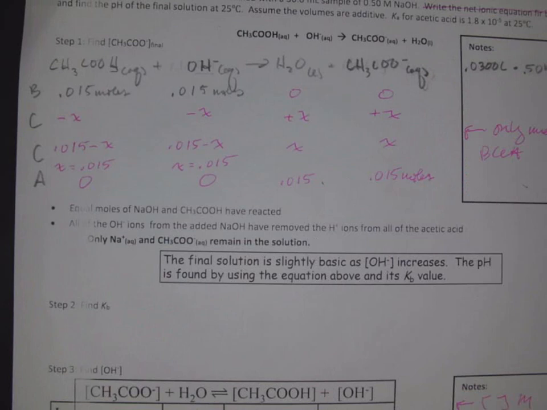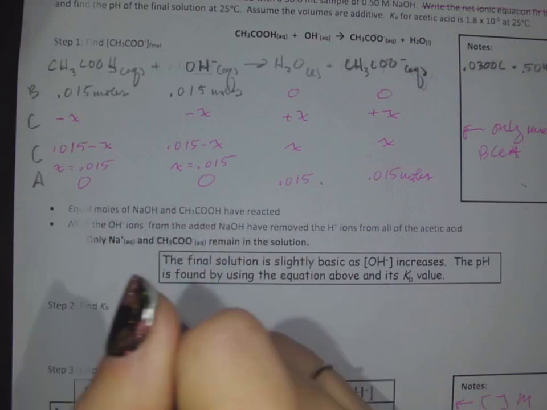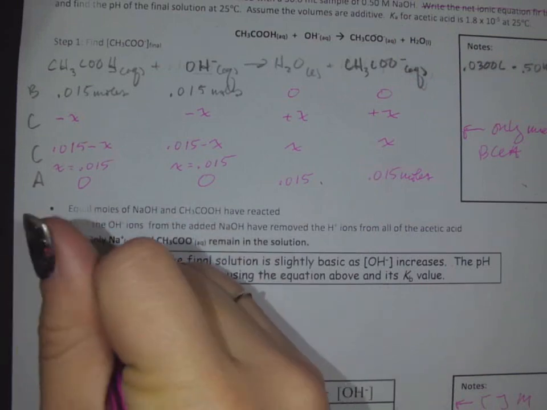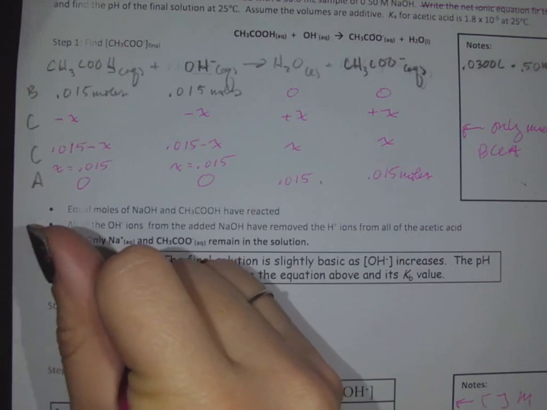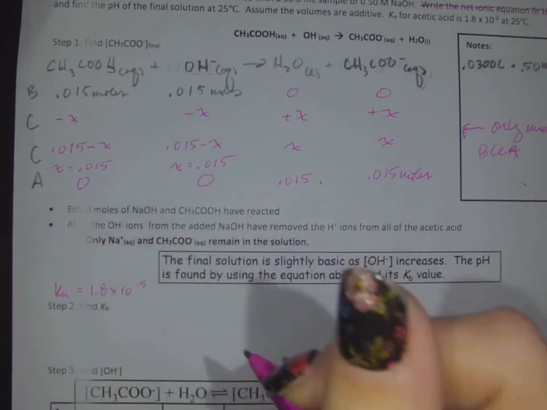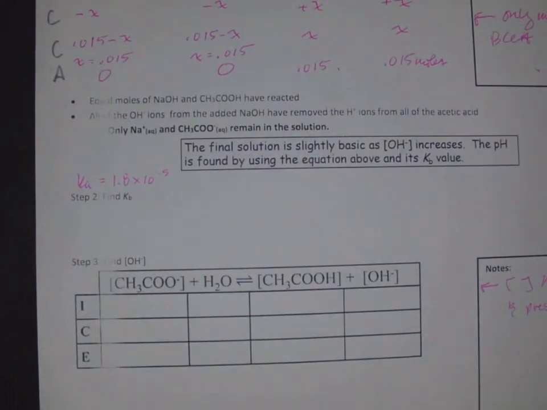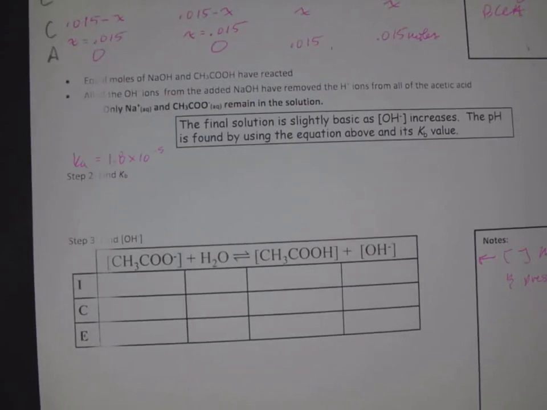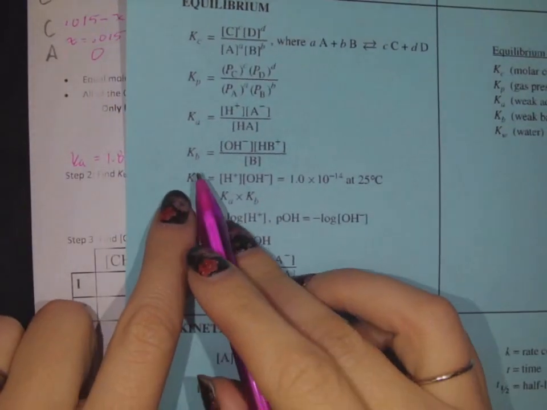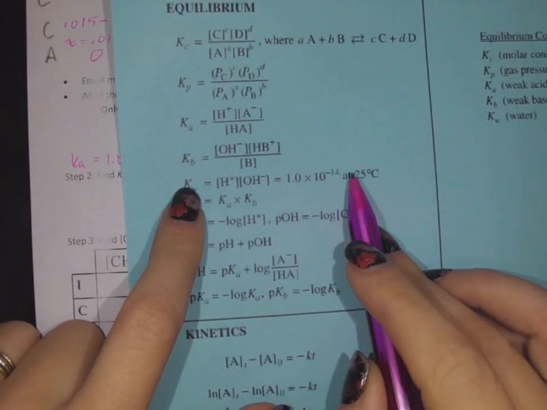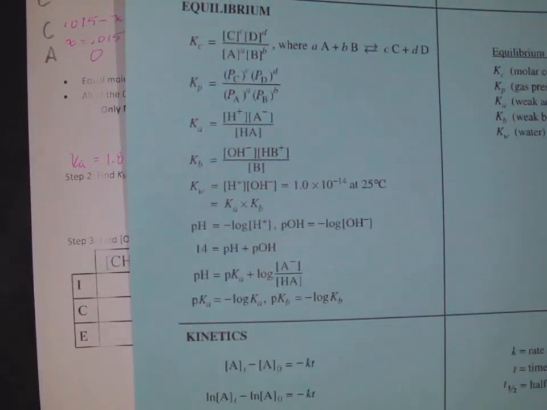So up above, it tells us what Ka is, right here. Ka is equal to 1.8 times 10 to the negative fifth, and we're solving for Kb. And if you look at your reference paper, under the equilibrium section, it tells us something really interesting. It says Kw, although it's equal to these things, it's also equal to Ka times Kb.